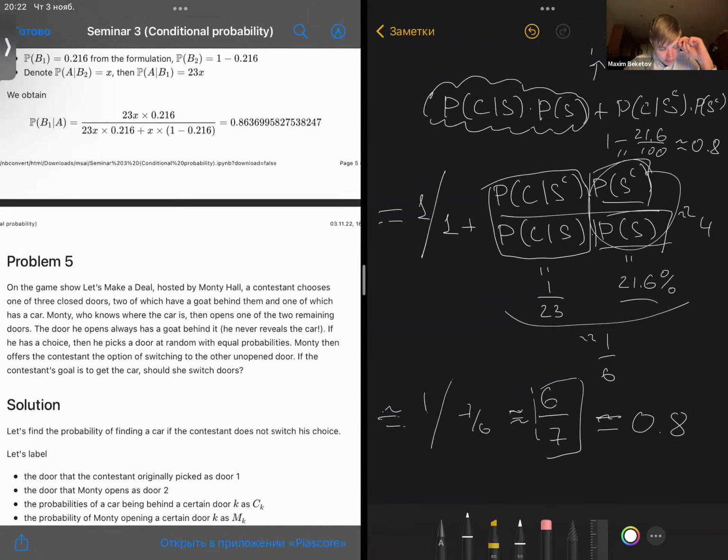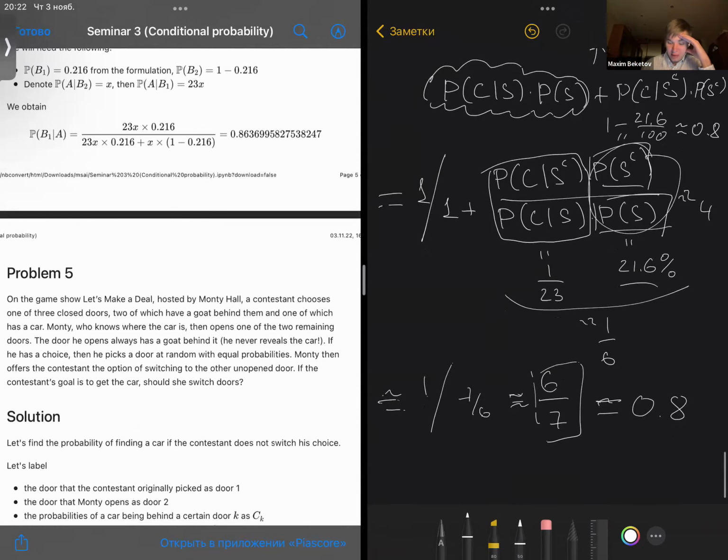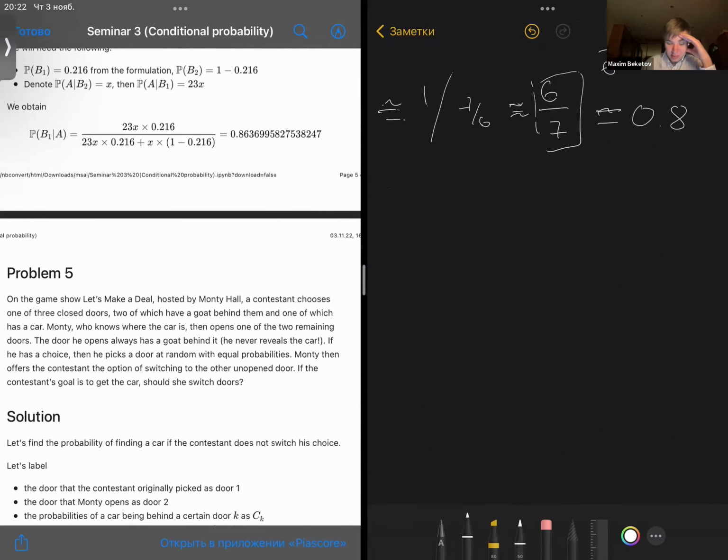Okay, so now we have the famous Monty Hall paradox in problem number 5. I guess some of you heard of the Monty Hall problem. It is a paradox, and the resolution of it is quite interesting.